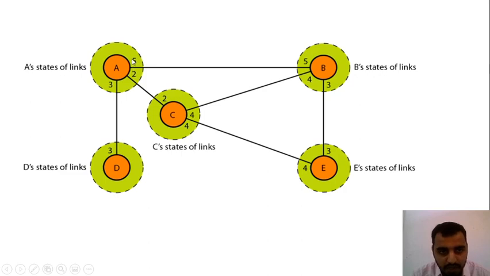So here we have written, with reference to B we have written 5, with reference to C we have written 2, and the distance between A and D is 3, so we have written 3 and 3. So this creates a link state of A that will be shared among all other nodes available within the network, regardless of the topology.